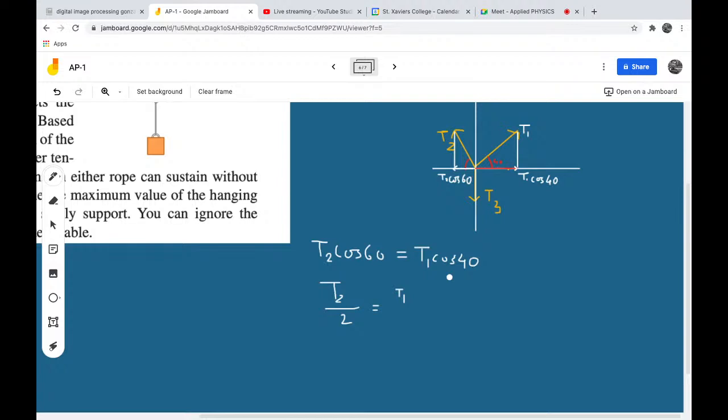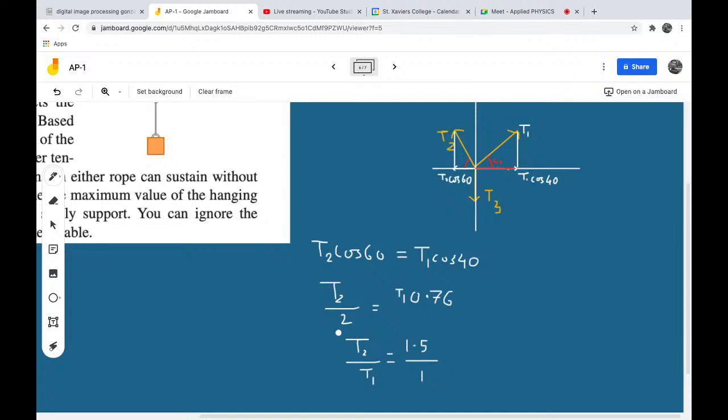So I can take T2 upon T1, which will be 1.5 divided by 1.